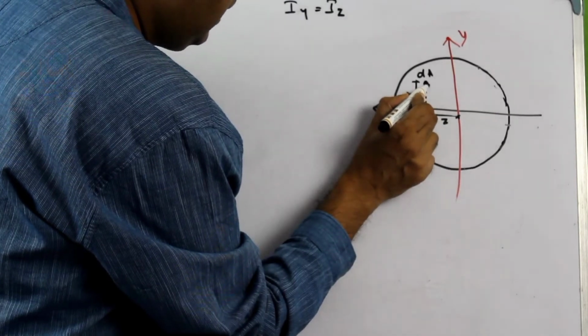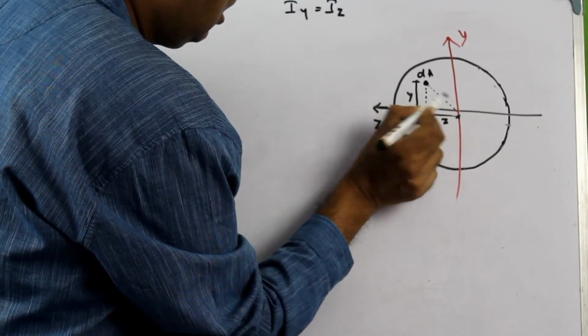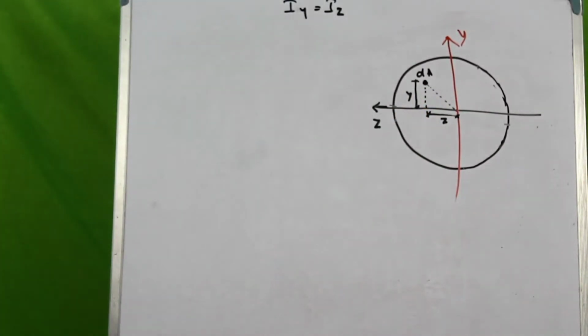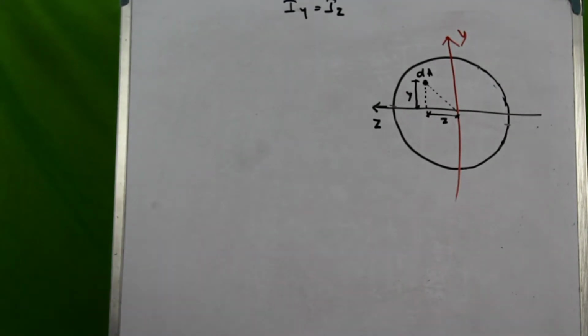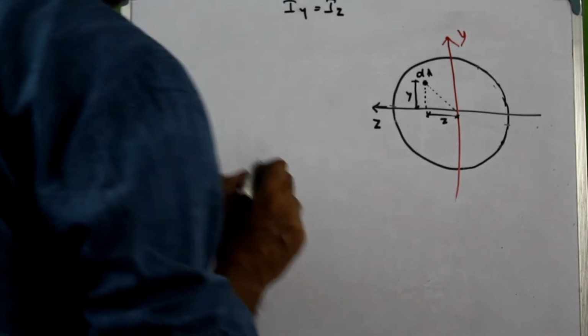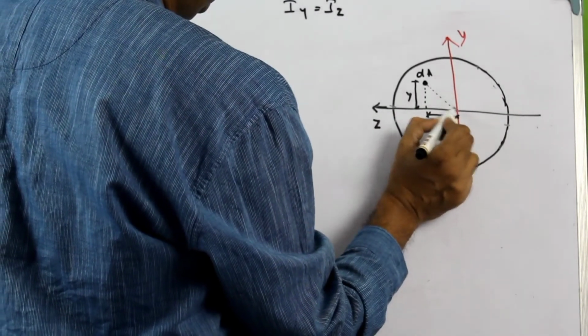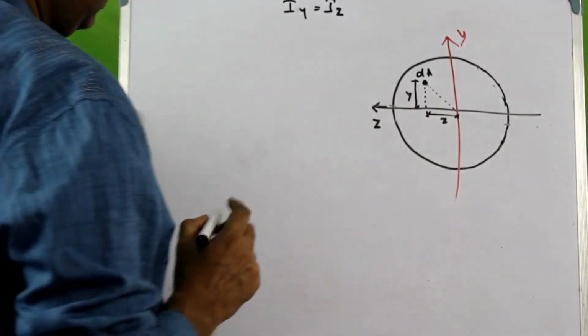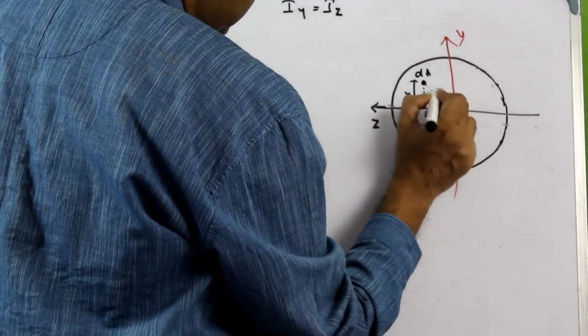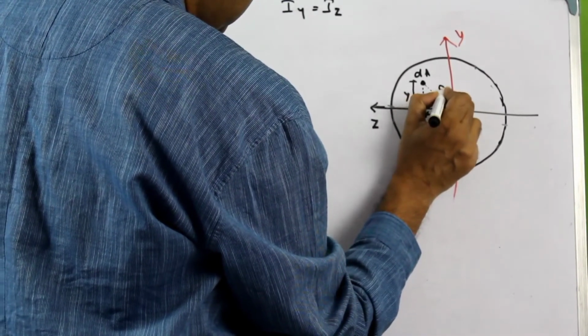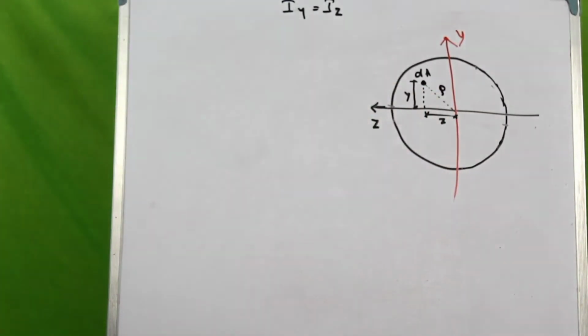And let this be a line which measures the shortest distance between the center of the circle and this elemental area dA. So let this distance be represented as rho.